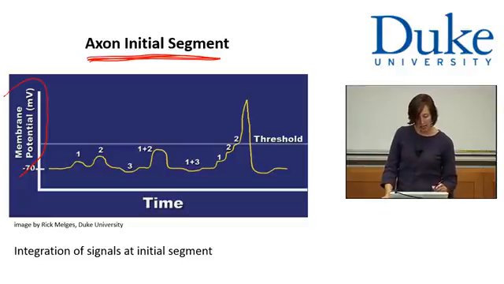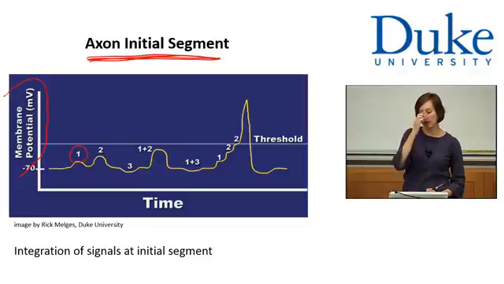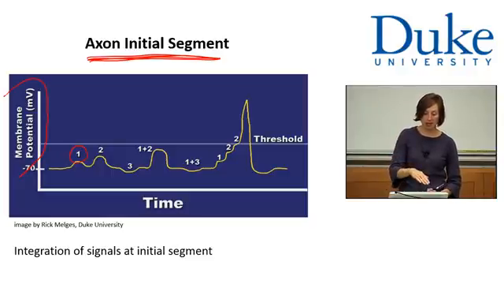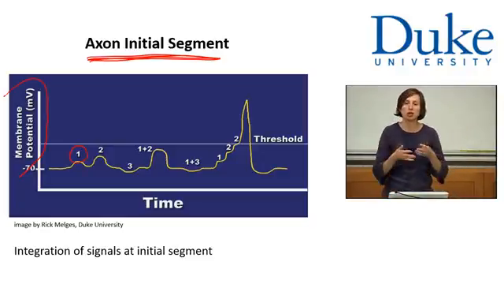So here we have synapse 1, where when that neuron releases a little bit of neurotransmitter, it causes a little bit of a depolarization of the membrane that reaches the axon initial segment. So let's say it causes some sodium to enter the neuron.